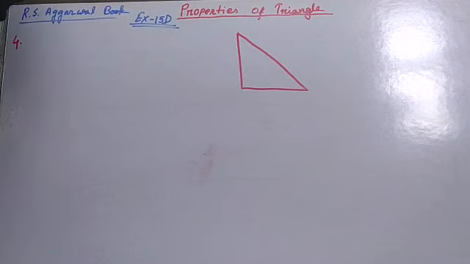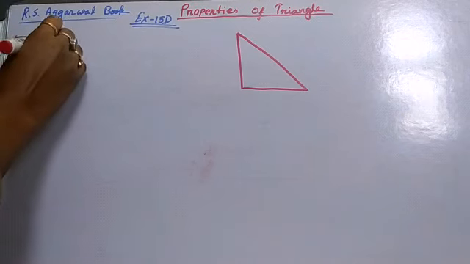Now coming to question number 4. The two legs of a right triangle are equal and the square of its hypotenuse is 50. Find the length of each leg. Two legs of right triangle are equal.